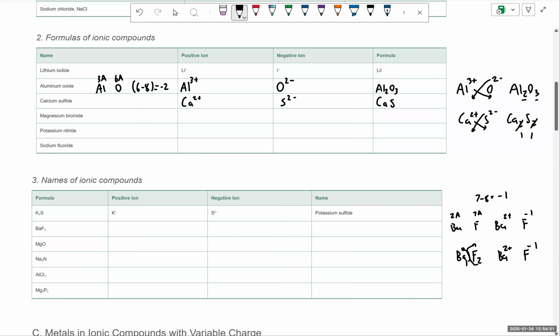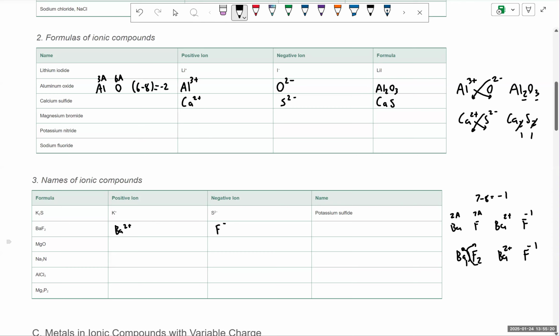It's important that you're familiar with both of these methods because there will be cases in which, when you calculate the charge using the formula method, the charge may not be correct upon first calculation. I will show you how to handle that in a relevant example. For now, let's just write out our ion information.